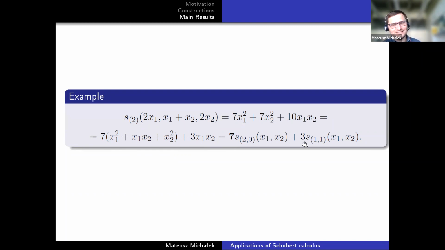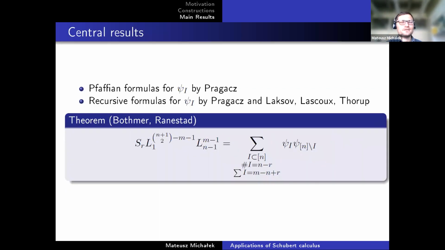And the coefficients I get are the coefficients I need to answer the counting problems that I have described. And why is this? So those Laksov coefficients, they have been studied again by many famous mathematicians, including Pragacz, Laksov, Thorup. After Laksov, they are named.